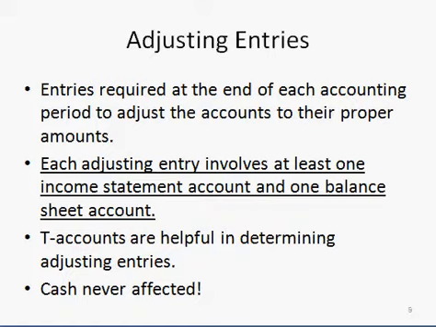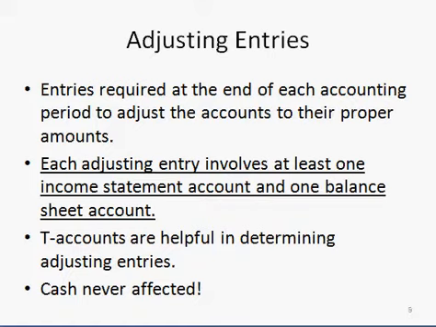So look at the example on page 115. You have 3 different situations. This is example 3.2. So take a look at that and review the 3 steps that are involved. Basically, you have to identify the accounts that are involved. Remember, one will be an income statement account, one will be a balance sheet account.